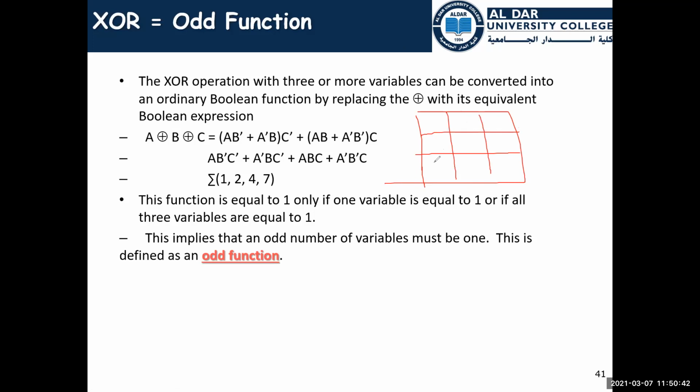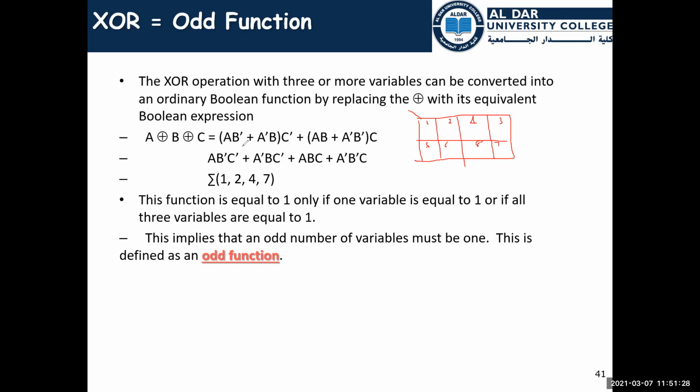This is not a Karnaugh map actually. If you remember how to number the Karnaugh map, we say this is 1, this is 2, this is 3, this is 4, and so on.